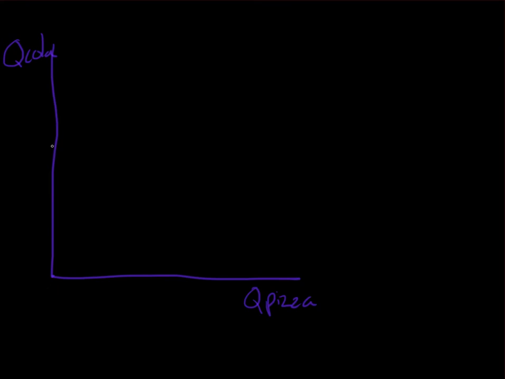So if I only consume cola, I've seen that since it's $1 a cola, I could consume 10 units. And here for pizza, if I only can consume pizza and 0 cola, well, then I would have a situation where I could consume 5 units of pizza. And anything in between, this would be a straight line, represents my budget constraint.